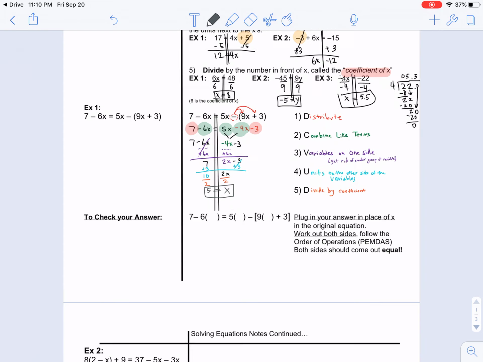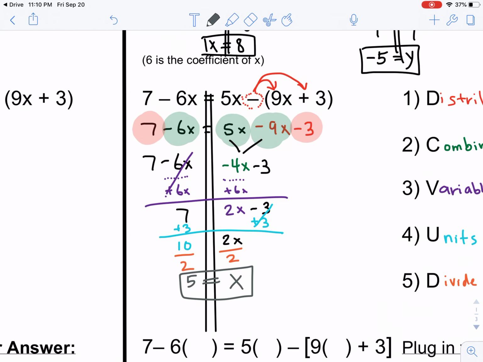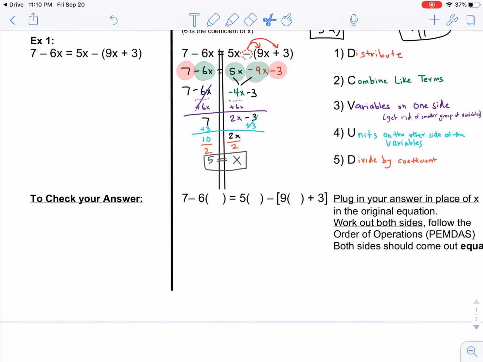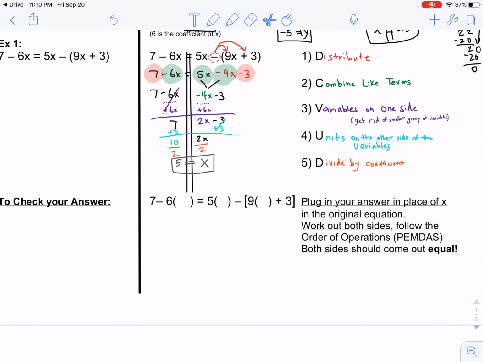Okay, now what were we doing this whole time? We were trying to solve for a value for x to make this equation right here true. We're trying to see what x equals to make this equation right here true. Now, if x equals 5, what we should be able to do to check our answer is to plug in your answer in place of x, and we should be able to check if the statement is true, right?